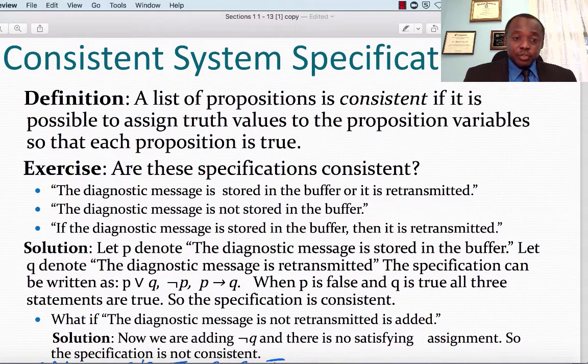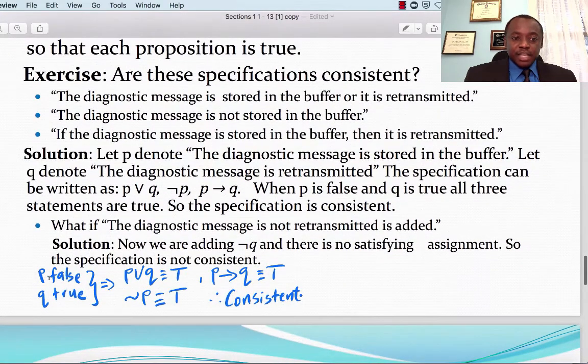Is it possible to find truth values for P or Q that will cause all three propositions to be true? Well, what happens when P is false? Let's look at it. If P is false and Q is true, then P or Q would be false or true, which is true. Not P would be not false, which is true.